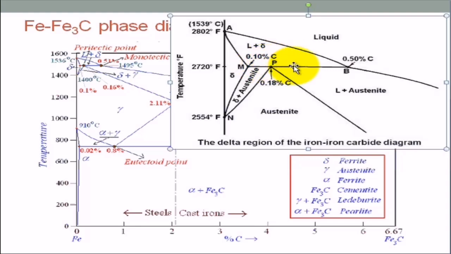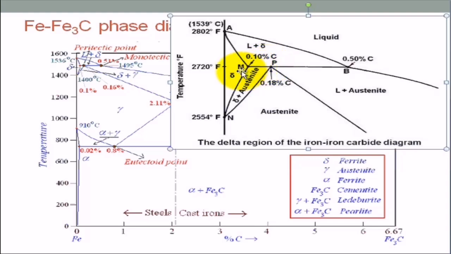The horizontal line at temperature 1495 degrees centigrade is for the peritectic reaction, which is one of the invariant reactions.